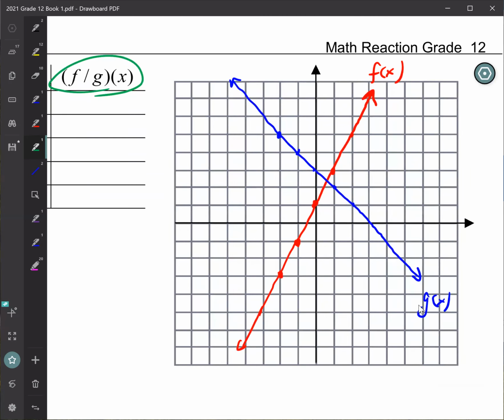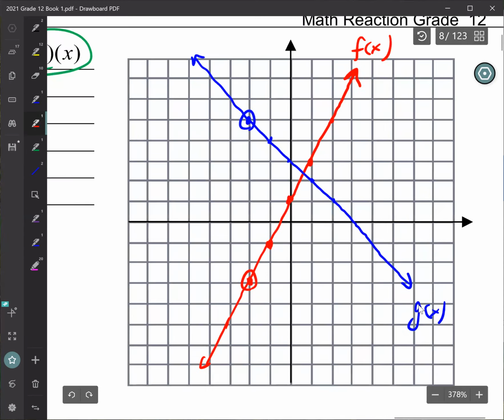Let's start with x equals -2, so that's this one and this one. Try to get it from the graph. We have 5 over -3, that's around -1 point something. So we have a green dot at -1 point something.